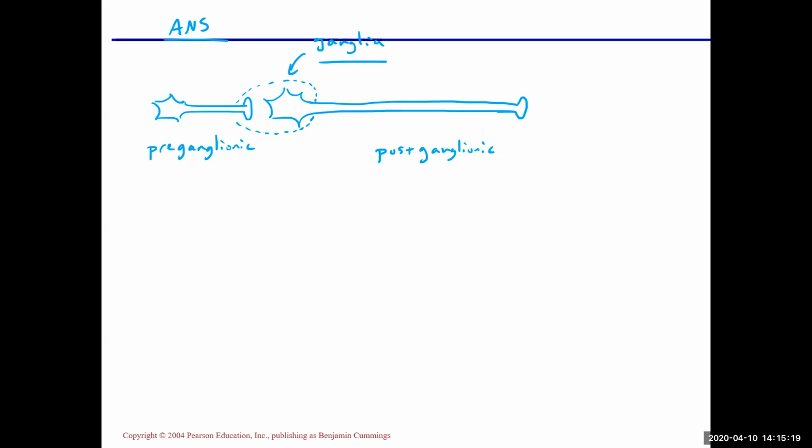This ensures the communication taking place between the preganglionic and the postganglionic neurons. In this case, you could have a short preganglionic neuron and a postganglionic neuron, but you could also have a longer postganglionic neuron.